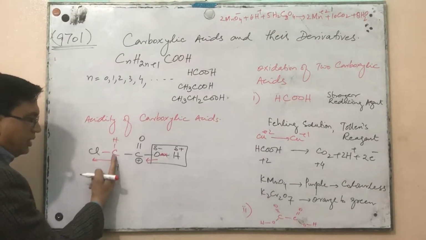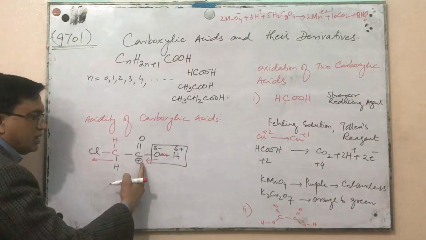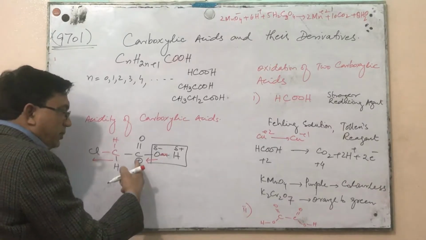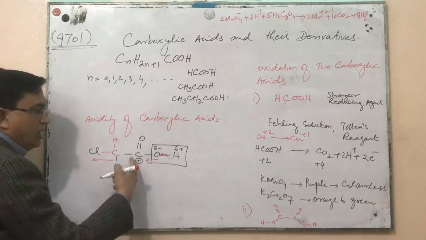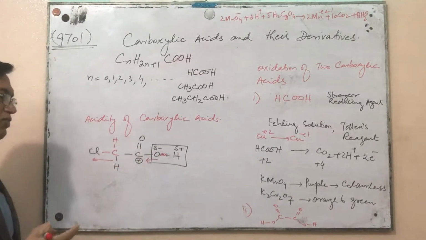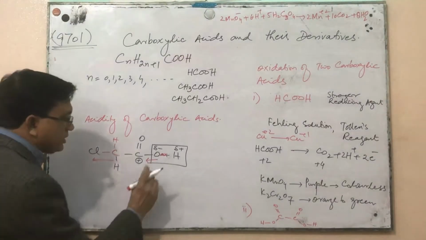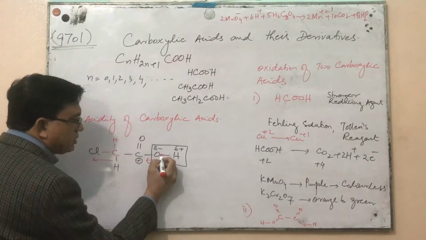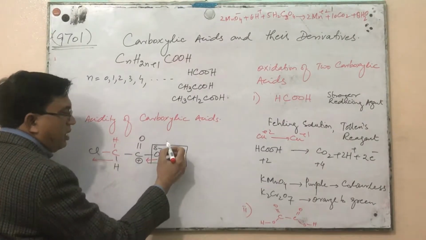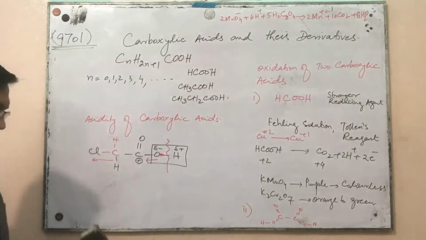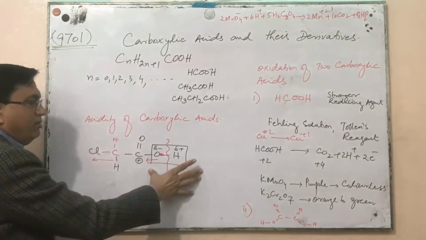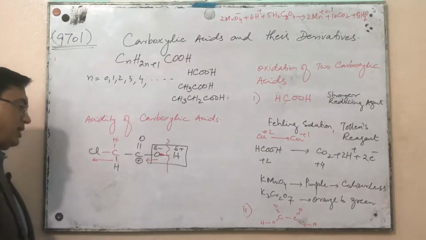So this carbon cannot provide electrons to this carbon atom, so the pulling of electrons by this positively charged carbonyl carbon on the oxygen will become much more, due to which this pair of electrons will stick with oxygen, and the ionization of this acid, chloroethanoic acid, will be increased considerably.